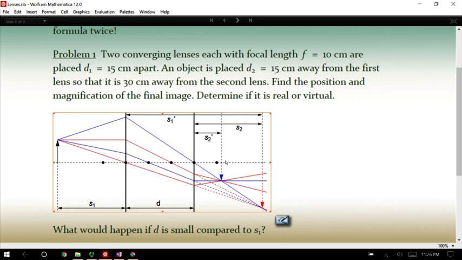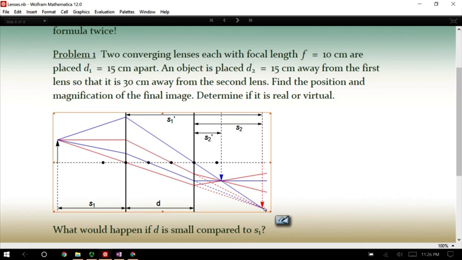So when I try to now look at how to deal with this second lens, what I'm going to say is that the first image, the image that came from the first lens, is now the virtual object for the second lens. The object distance will be counted from the red arrow to the lens.